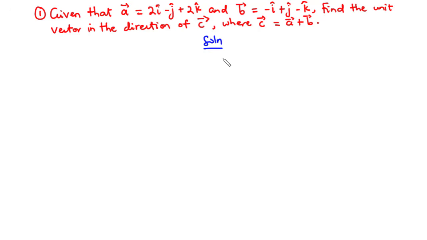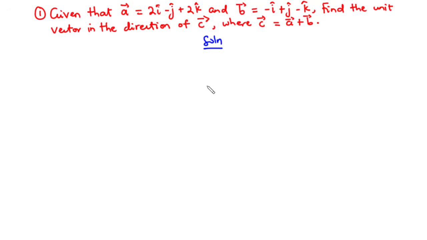Now the first thing we are going to do is to find vector C, which is the sum of the two vectors A and B. Then we find the magnitude of vector C, and then lastly, the unit vector in the direction of vector C.